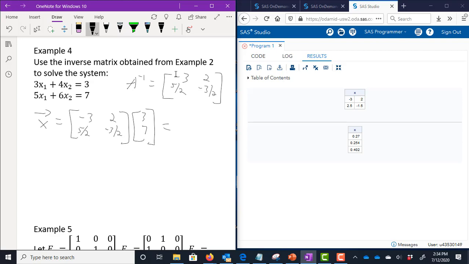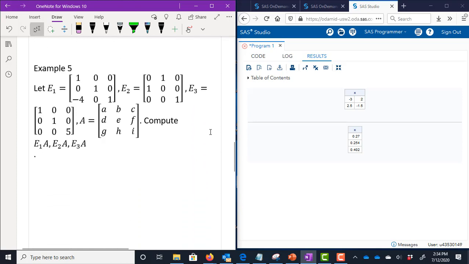And if we multiply these, -9 and 14 will give us a value of 5, and then 15 halves plus -21 halves will give us a reduced value of -3. So our vector x is 5, -3, which we could also do in SAS if we wanted to.